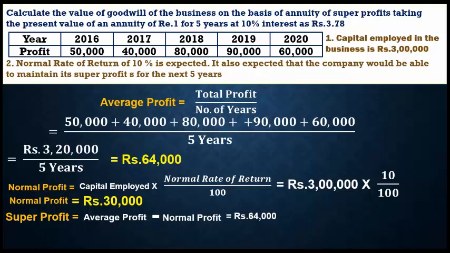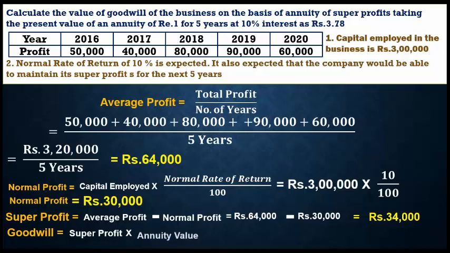Average profit is rupees 64,000, which we have calculated, minus normal profit, rupees 30,000, which we have calculated. What is the super profit? Rupees 34,000.